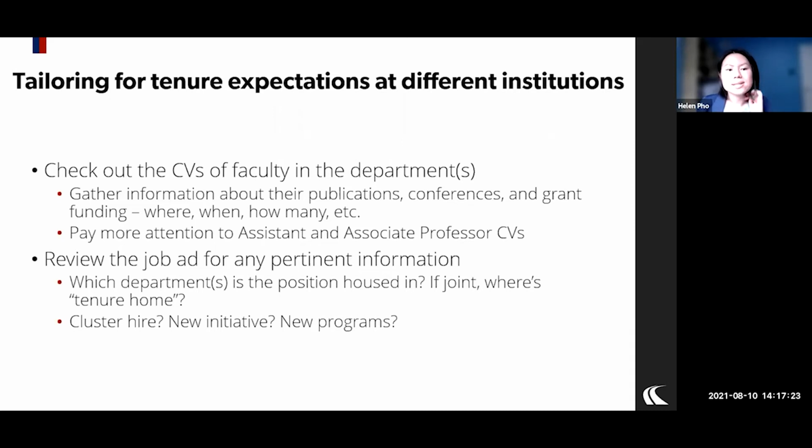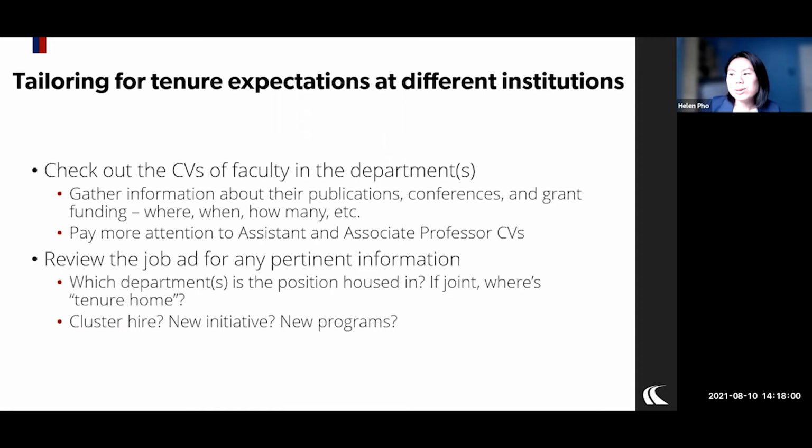If you look at a CV, you can get a sense of here are the publications, here are the journals, here are the university presses that they've published with, here are the conferences that these faculty members have presented at, here are the grants and fellowships that they've won. So you can get an idea of what the expectations are, right, of making progress on the tenure track at a particular school and in a particular department.